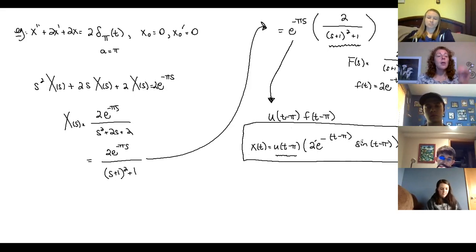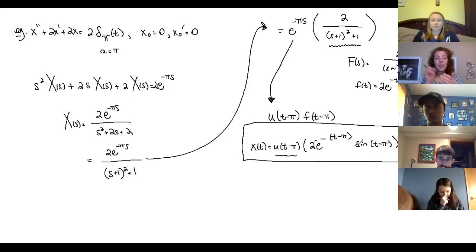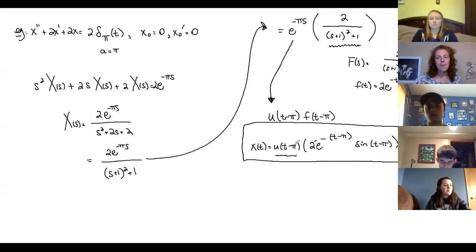That makes sense because there's no initial velocity. So the object is not moving until I give it a shove. And then when I give it a shove at pi, the object moves according to this right-hand side function. So it makes sense with the way that I described the motion of the object.